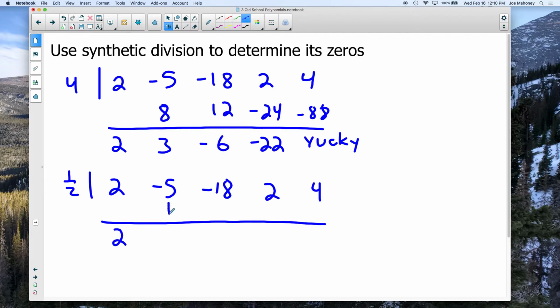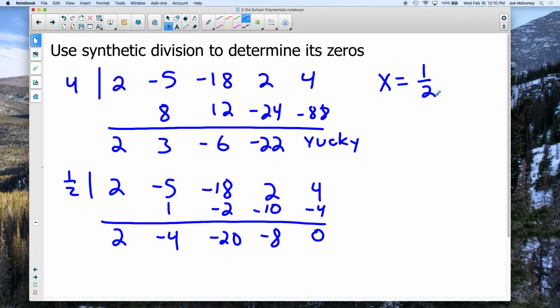Half of 2 is 1. -4 there. Half of -4 is -2. That's going to give me a -20. Half of -20 is -10. That's going to give me a -8. Oh, look at this. Half of -8 is -4. That's a 0. Cool. So I know one of the zeros then is x equals 1/2.